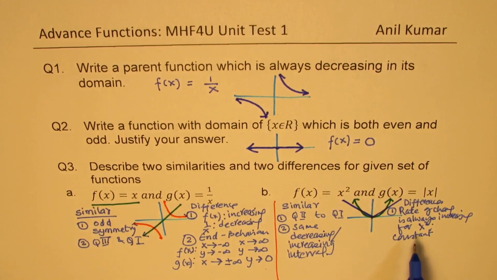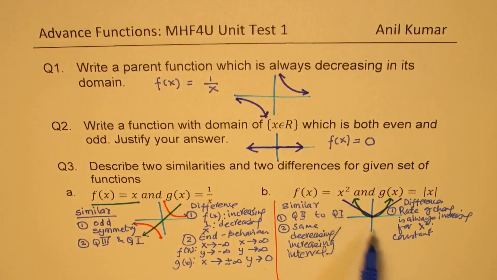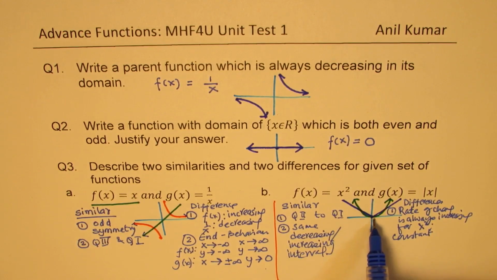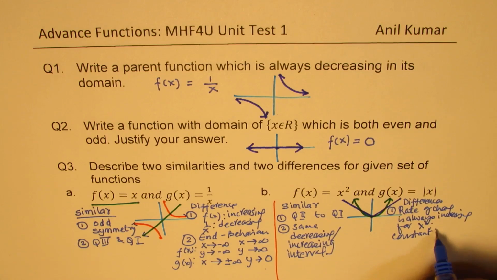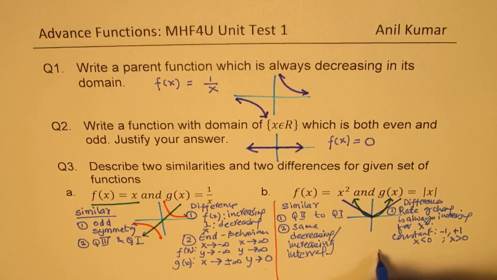But if you have the rate of change for the absolute value function, in that case you notice that it is constant in the first half, undefined, and again constant. It is minus 1 when x is less than 0, and plus 1 when x is greater than 0. Correct? At this point, it is undefined. So let me take this as a second difference.